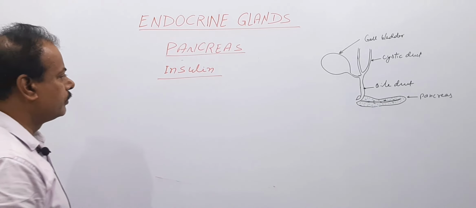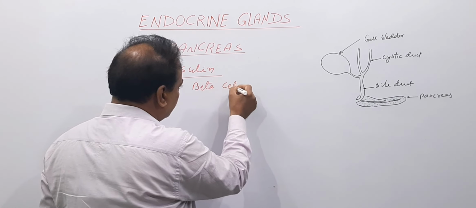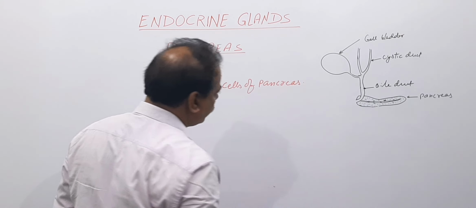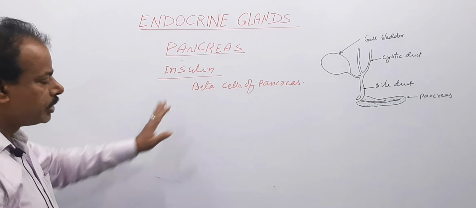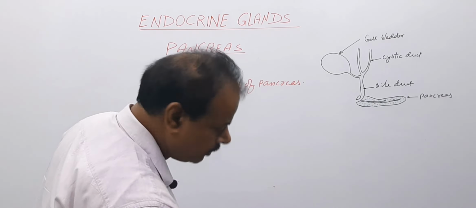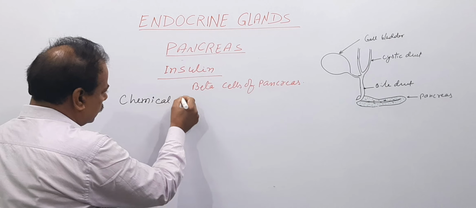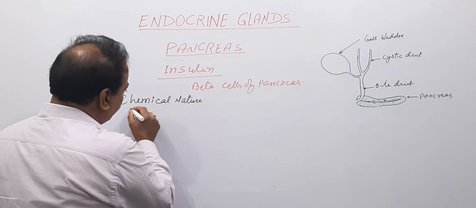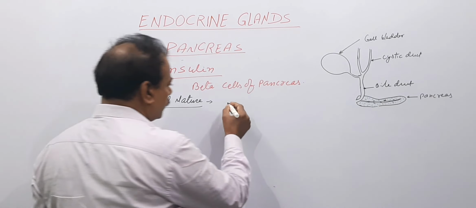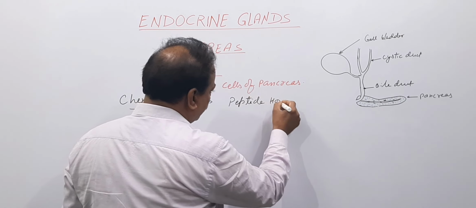Insulin is secreted from the beta cells of the pancreas. Now, the chemical nature of insulin: insulin is a type of peptide hormone.